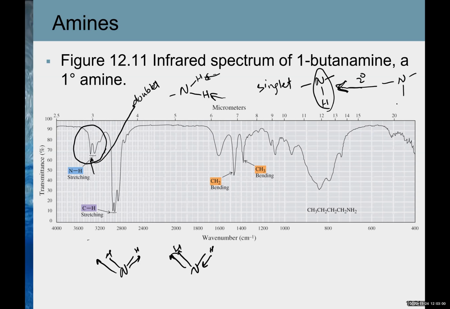What would it look like in the case of a tertiary amine? Any guesses? What do you think the tertiary amine spectrum would look like?